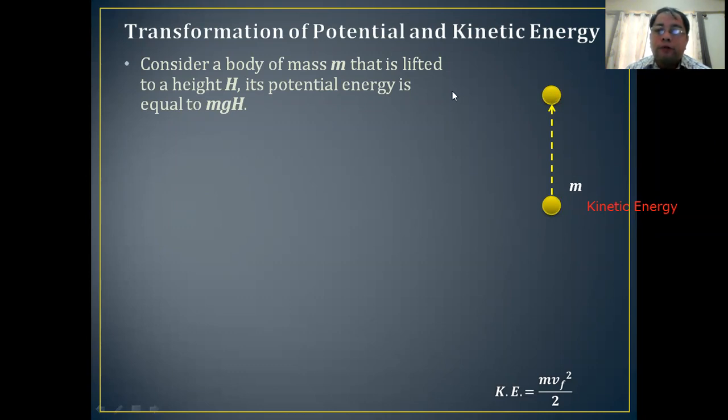It will not go up forever. So it will eventually come to a halt. And once it stays there for a very, very short period of time before it goes down, since there's already a height there, it now has potential energy because it reaches the highest point.